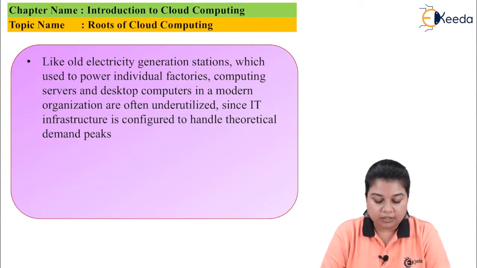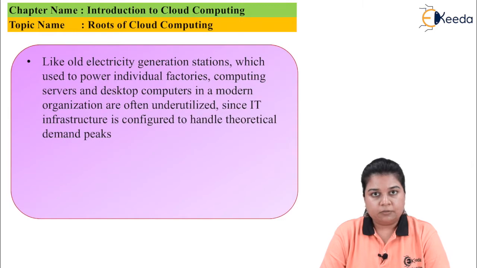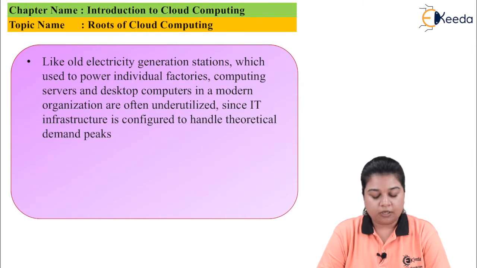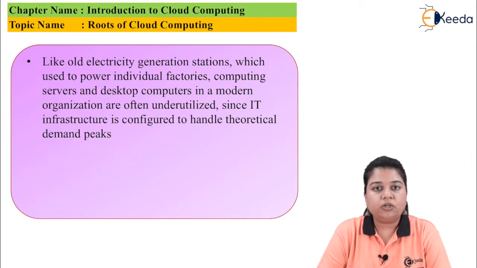In a similar way, the companies which are using cloud services pay for the computing servers only for the amount they are using, or for the desktop computers in modern organizations which are underutilized. So they share the resources for extensive usage. That means they can use it properly, extensively, and share it with other organizations. So the cost for both organizations remains effective and they need not pay a huge amount of money.